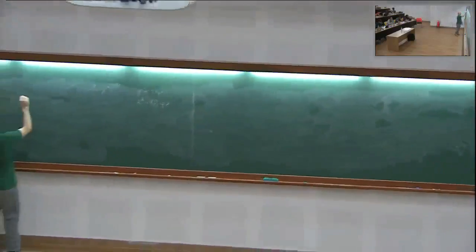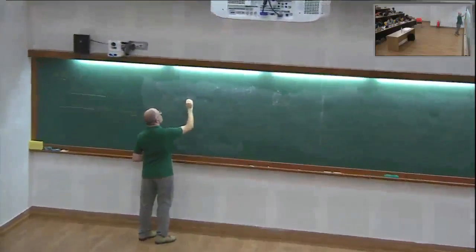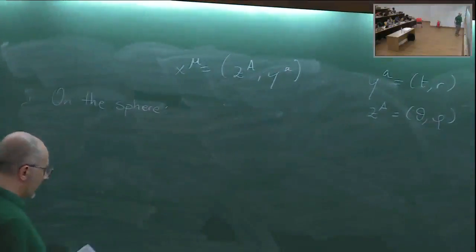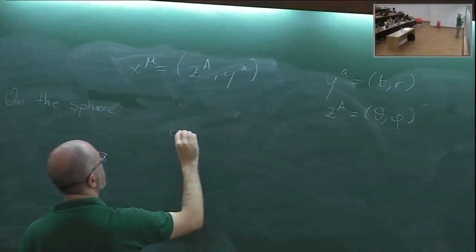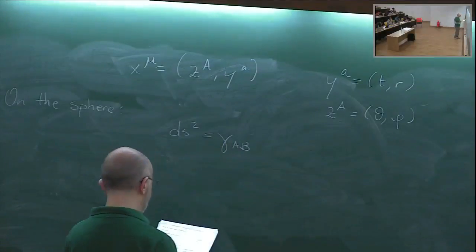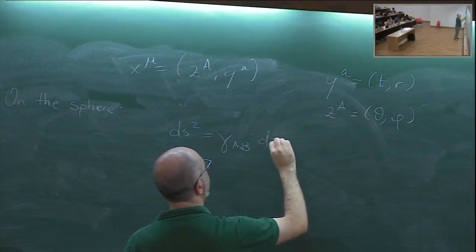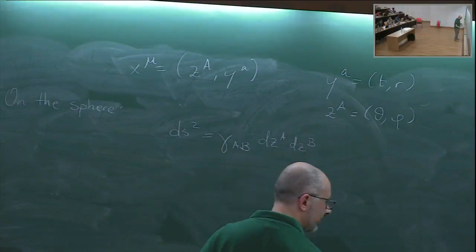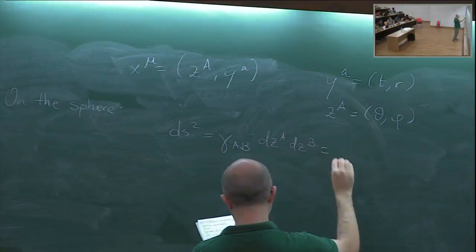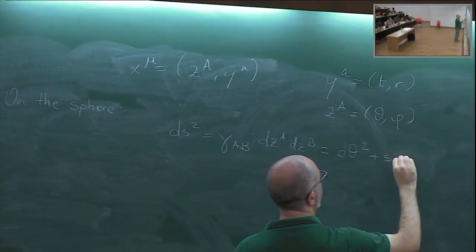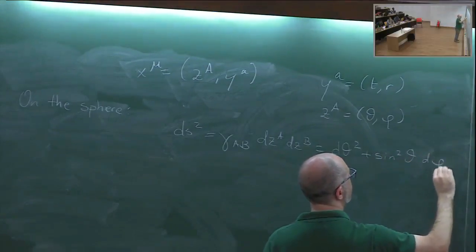So now, consider the metric on the sphere. The metric on the sphere, of course, is ds squared equals gamma AB dz A dz B. And this is nothing but d theta squared plus sine squared theta d phi squared, right?